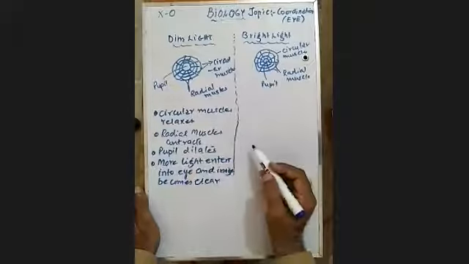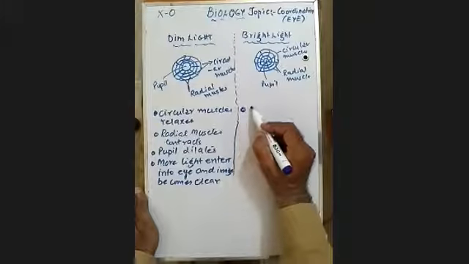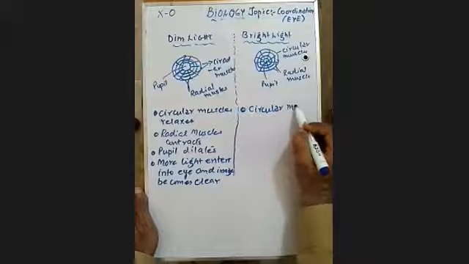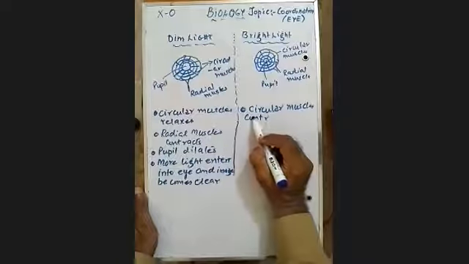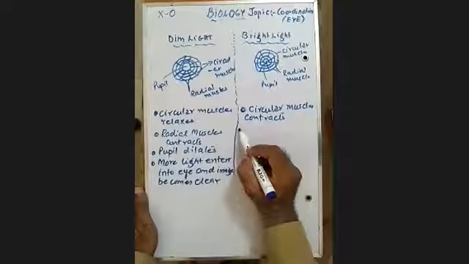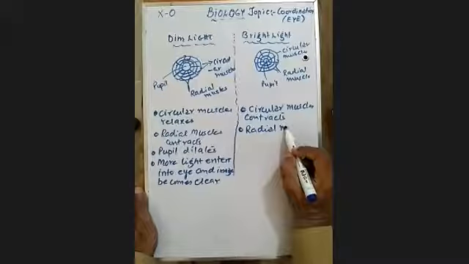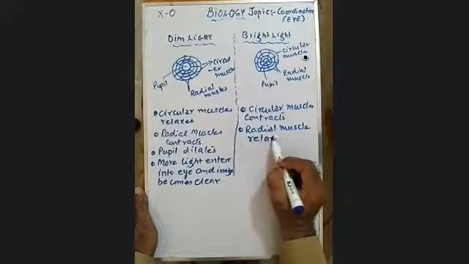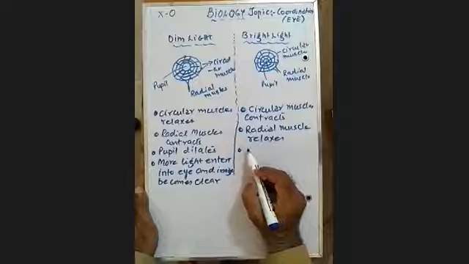So opposite, you can write over here in the bright light. Over here, circular muscles relax. So here circular muscles contract. Over here, radial muscle contracts, over here, radial muscle relaxes. And when radial muscle relaxes, the pupil constricts.